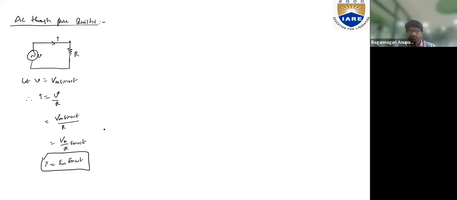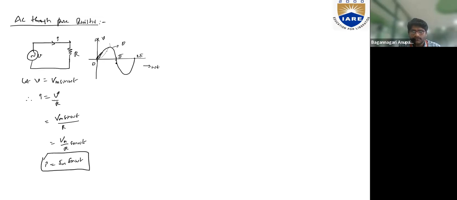What is happening with the voltage waveform is that it is a pure sinusoidal waveform for the voltage, let me write this as V, and this as omega t, 0, pi, 2 pi.